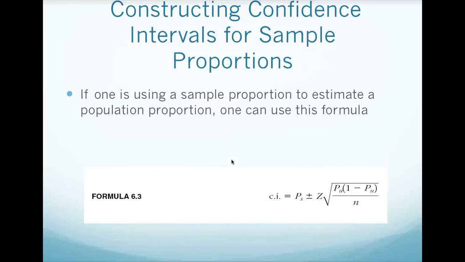Okay. Next, we will demonstrate generating statistical information for use in constructing confidence intervals for sample proportions. Basically, the only difference here is that we will use proportions of the population parameter rather than the means of the population.